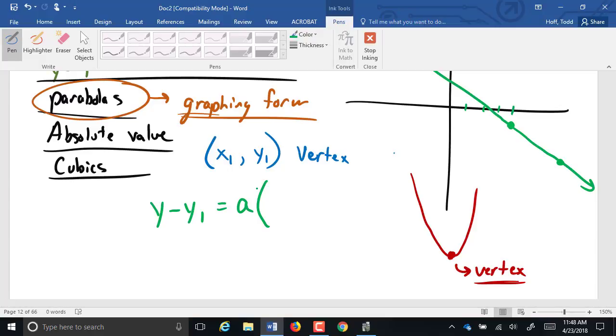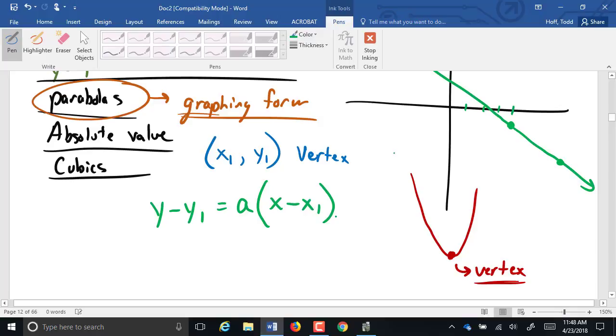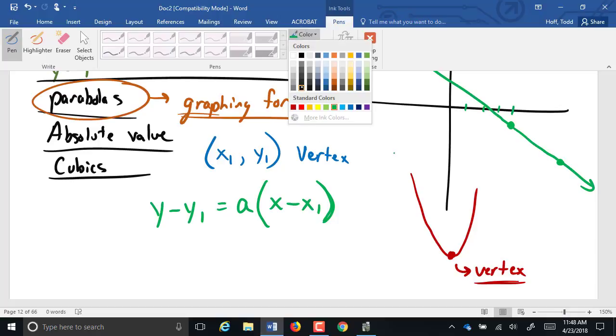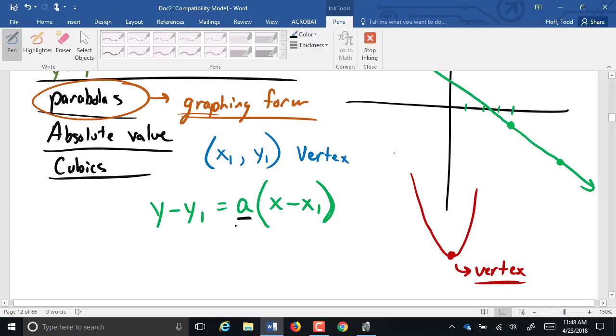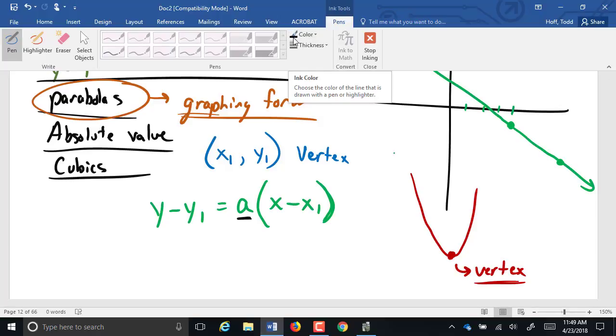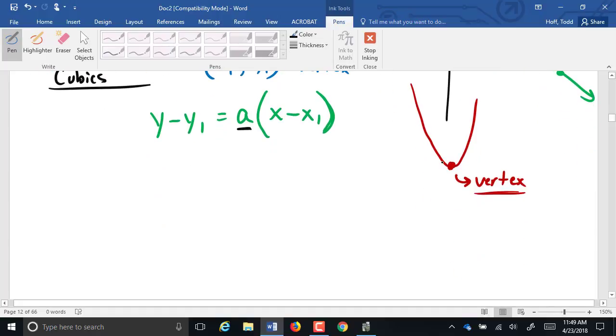What it is, it describes how wide the parabola is and how steep the sides are, times x minus x1. Now again, right now we're not going to get too much into what this A value means because we're not really going to focus on this graphing form. But let's just take a peek at one equation that starts out in that form.